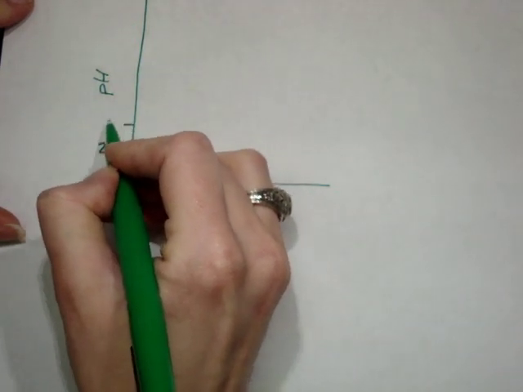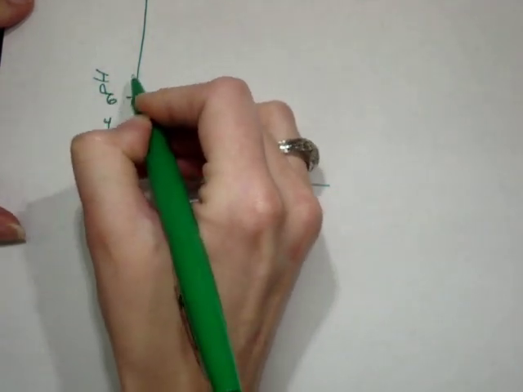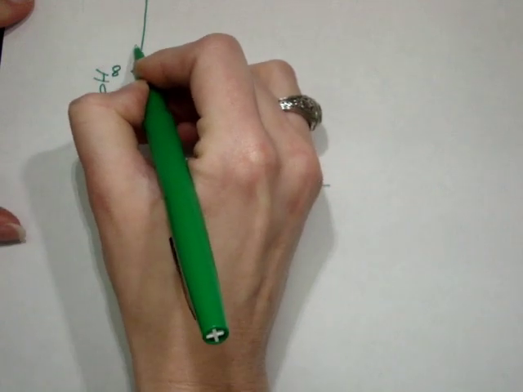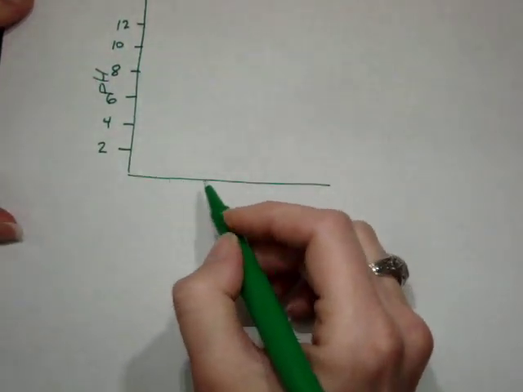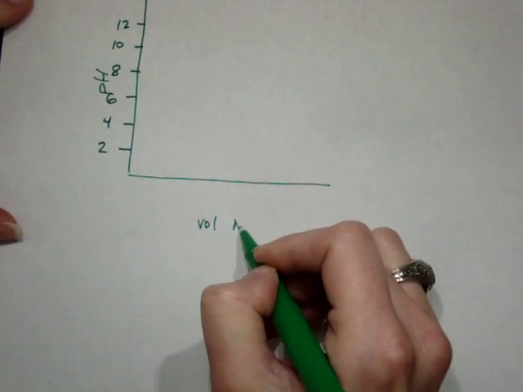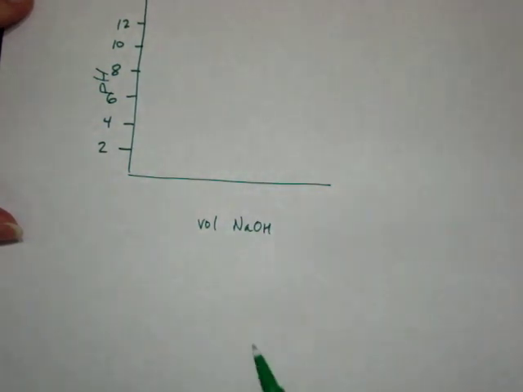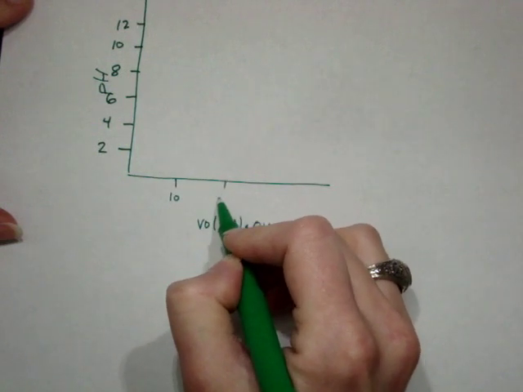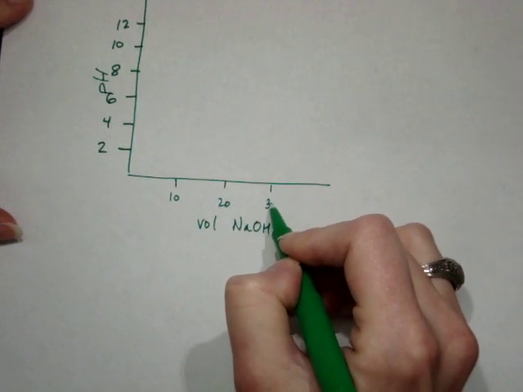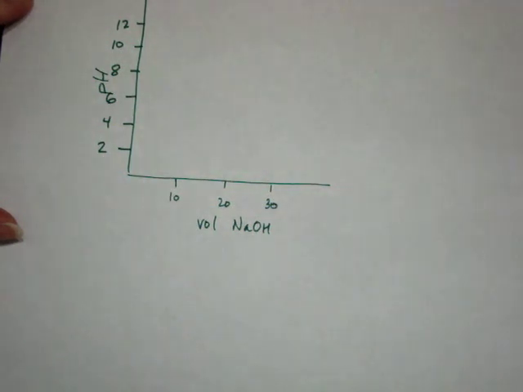So we'll do 2, 4, 6, 8, 10, 12. Those are a little better spaced. And then volume of NaOH added is down here at the bottom. So we'll do 10, 20, 30, based on our overall graph that we had.